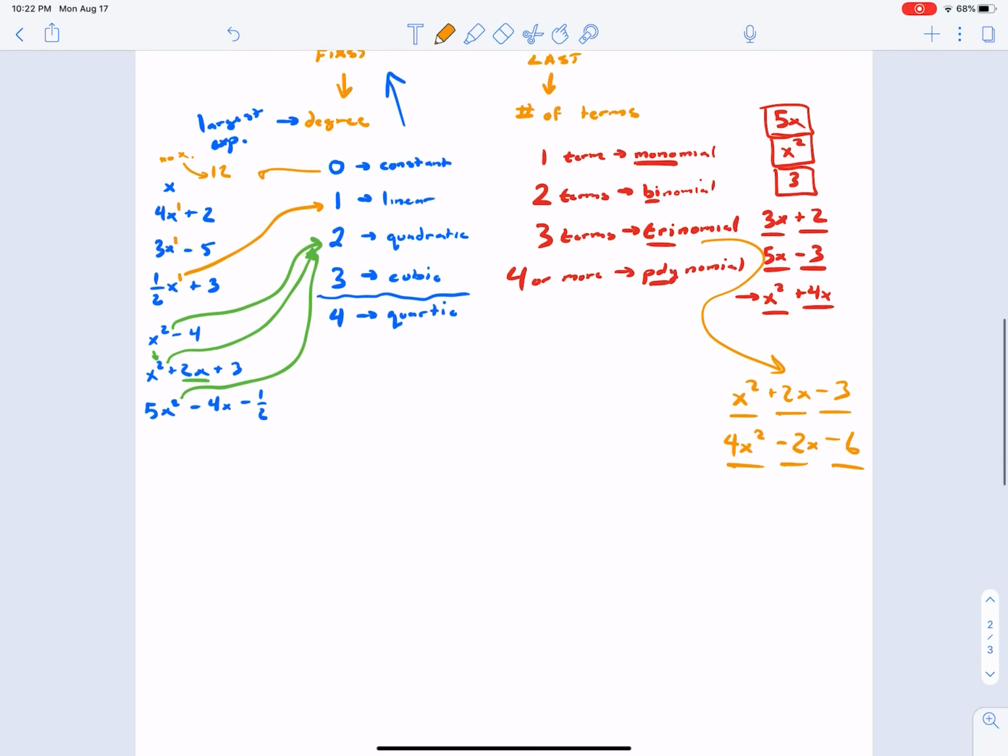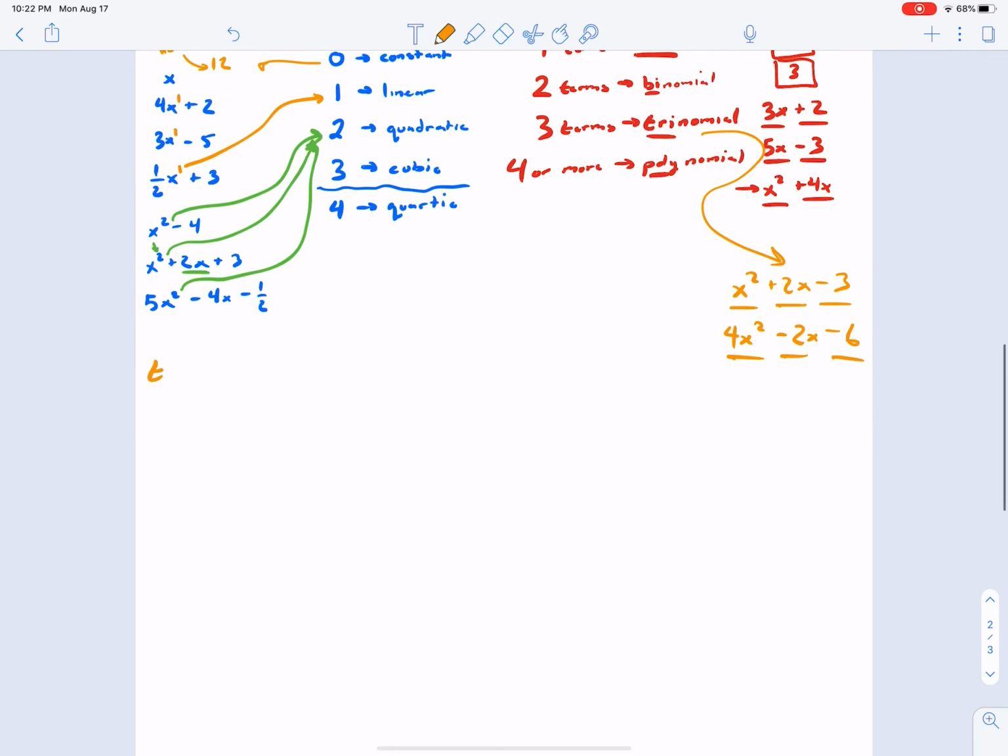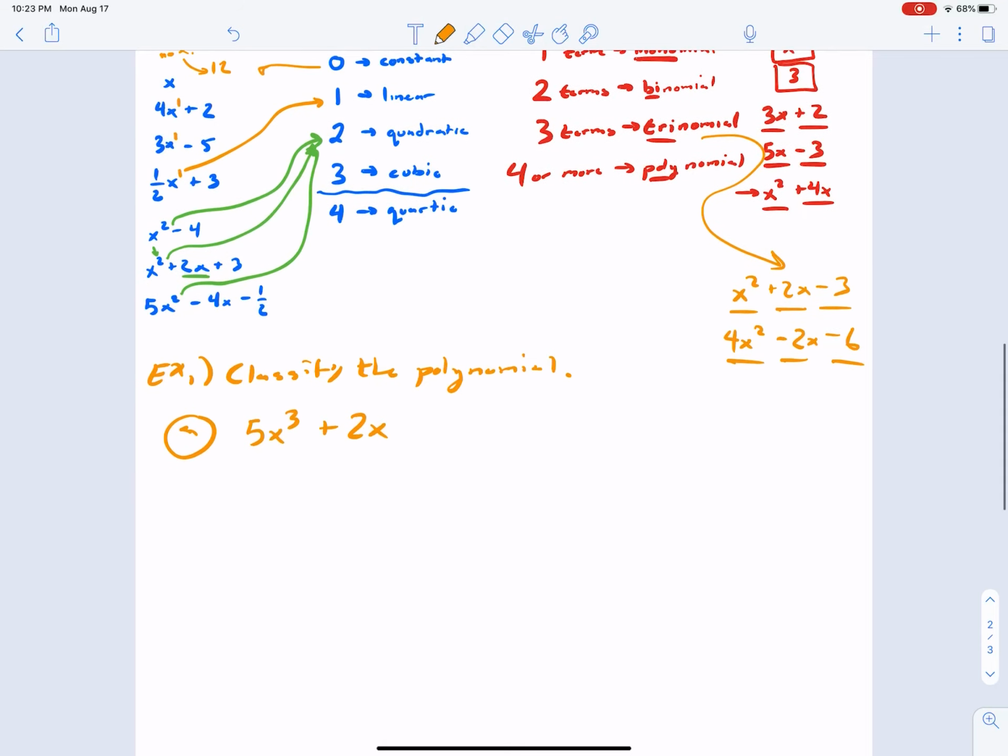So let's give you some examples here. Example 1, classify the polynomial. Okay, and I'm moving a little bit fast, so really pause wherever you guys need to pause, okay? So we'll do a bunch here. Let's say I wrote 5x cubed plus 2x, okay?